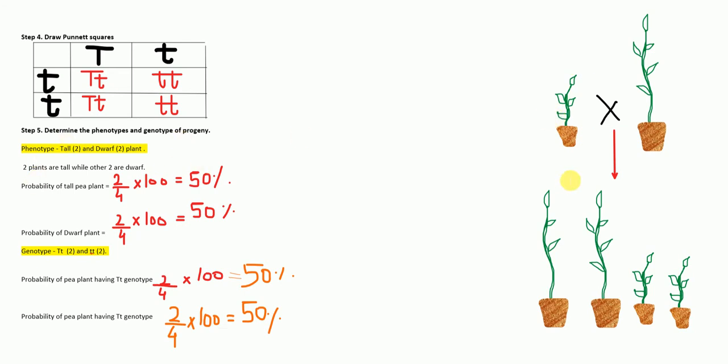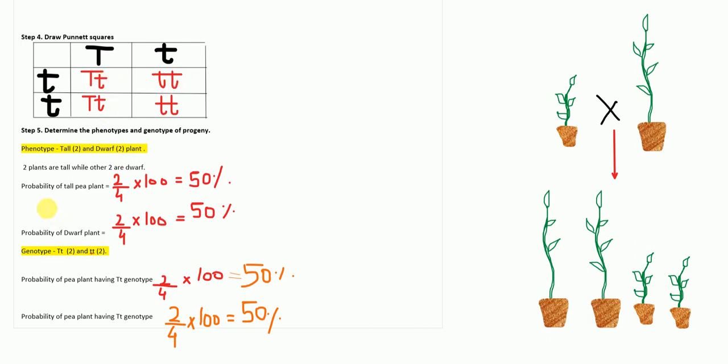So once we have determined the phenotype and genotype, we can now determine the phenotypic and genotypic ratios. It is very simple. First, we need to see what are the possible genotypes. We are having 2 types of genotype. Either it is homozygous recessive or it is heterozygous recessive.